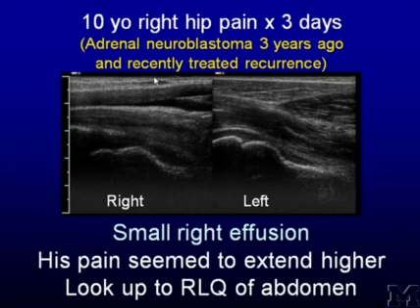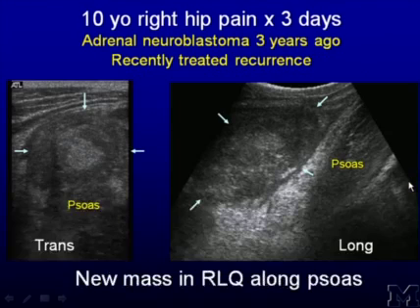It was a case that I did, and went down to the emergency department and saw this small effusion, but in talking with the patient, he said actually the pain was also going a little bit higher, so I scanned up along the psoas. This history was not given to us at this time, that he had a neuroblastoma a few years before, and as I scanned up along the psoas, here it is in long axis, there's a mass sitting right on it, and here it is in short axis.